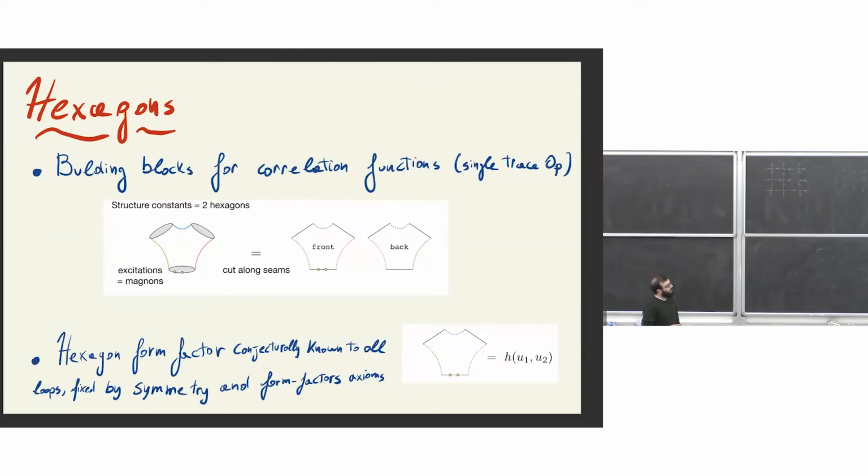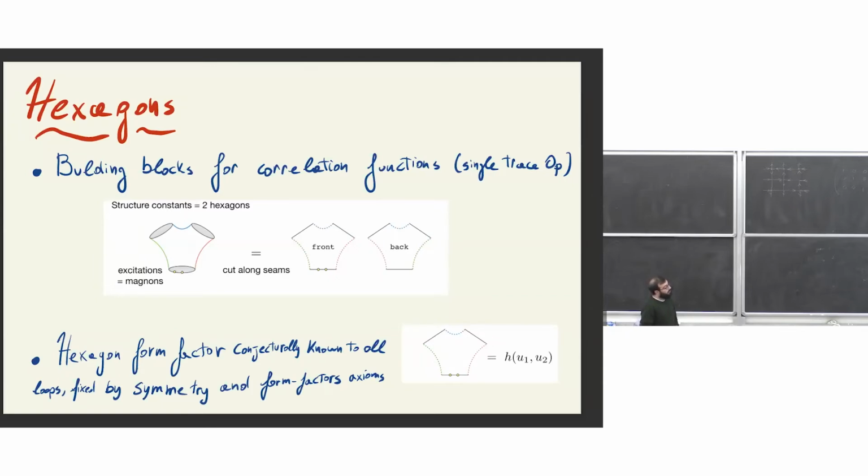And the idea is that I can always cut between these non-spin chain sides and obtain two hexagon-looking objects. I'll be more precise later, but this is more or less the pictorial idea: by inserting some resolution of the identity between these edges, I can always construct a simpler object that is a form factor.